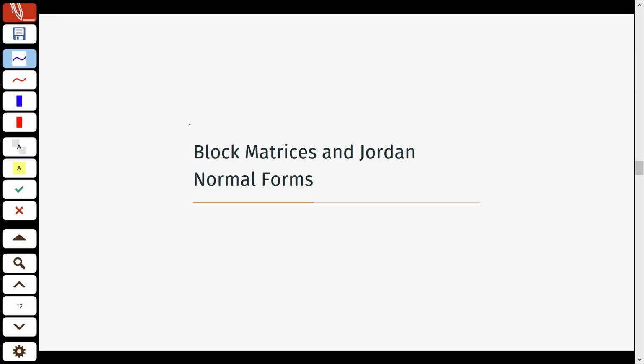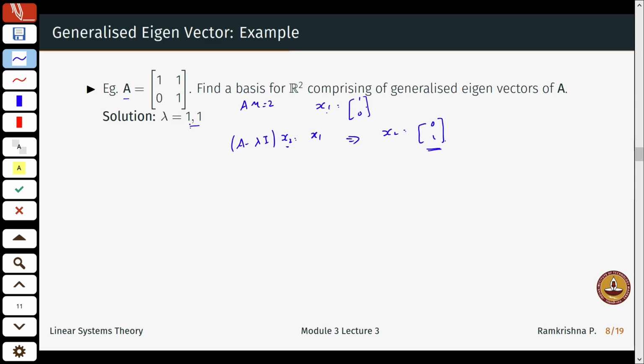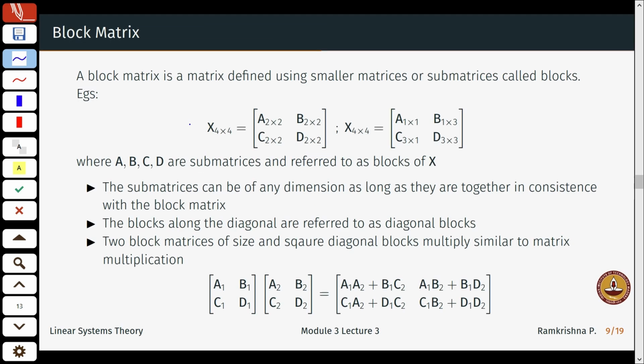Okay. So, before we even talk of diagonalization, what can I do when I have generalized eigenvectors, or when the matrix A does not have independent eigenvectors. Okay. So, let us first define the concept of a block matrix.